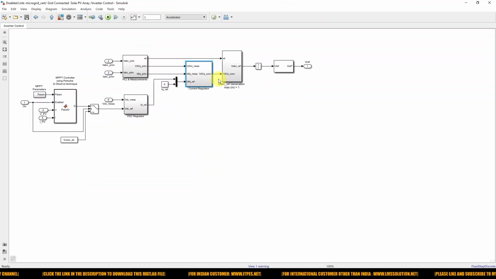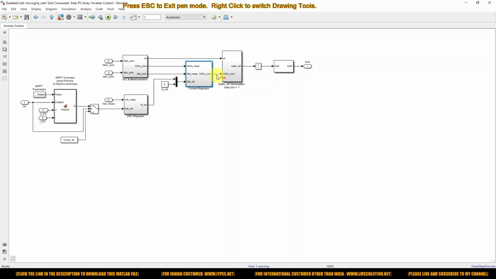Next, we need to convert that control signal in the DQ form into ABC by using DQ to ABC conversion. So finally we have the control signal in the form of ABC.